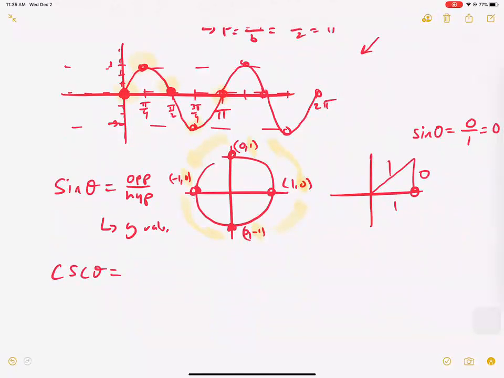Cosecant is the reciprocal of that, hypotenuse over opposite. I wonder if you guys remember that. So if I look at my triangle over here, what is the hypotenuse over opposite? For cosecant, the hypotenuse is 1 over opposite of 0, and this is undefined.